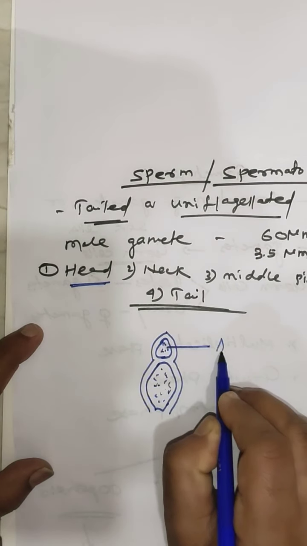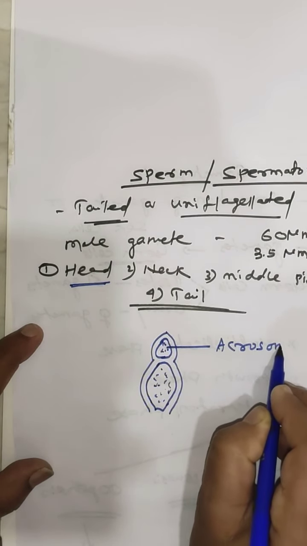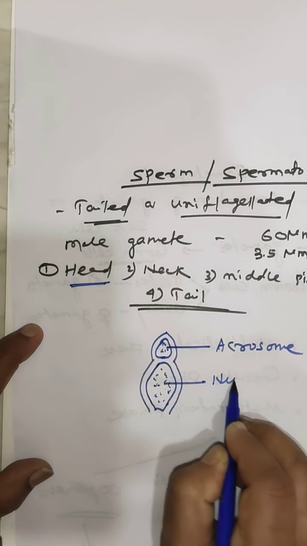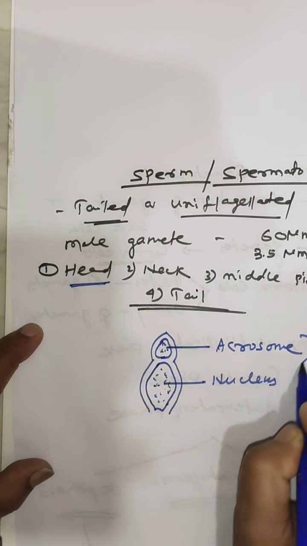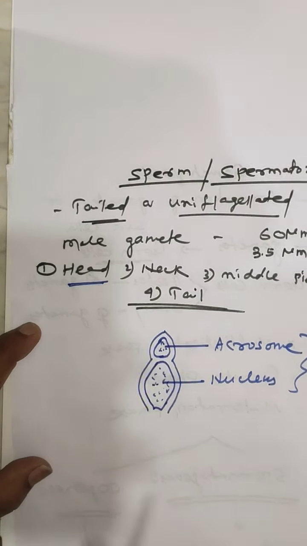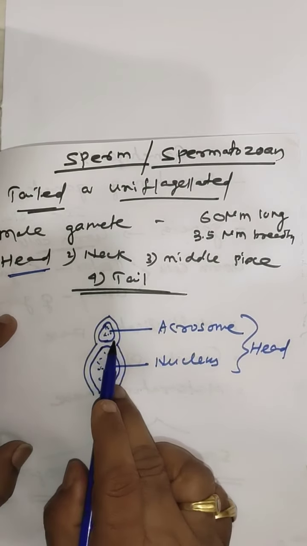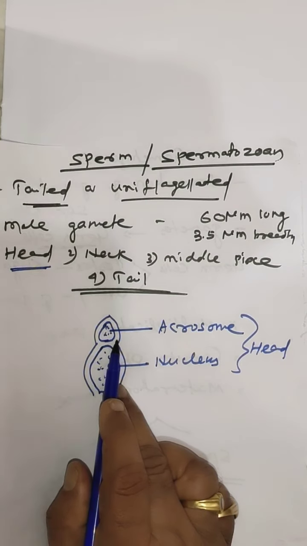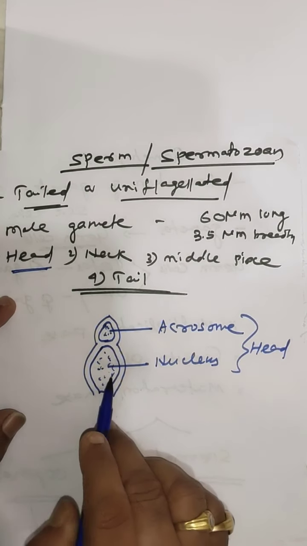Acrosome is found above the nucleus. It is derived from the Golgi complex of the spermatid.